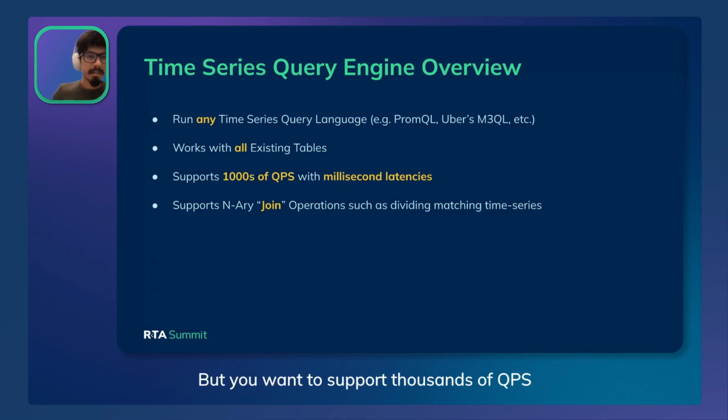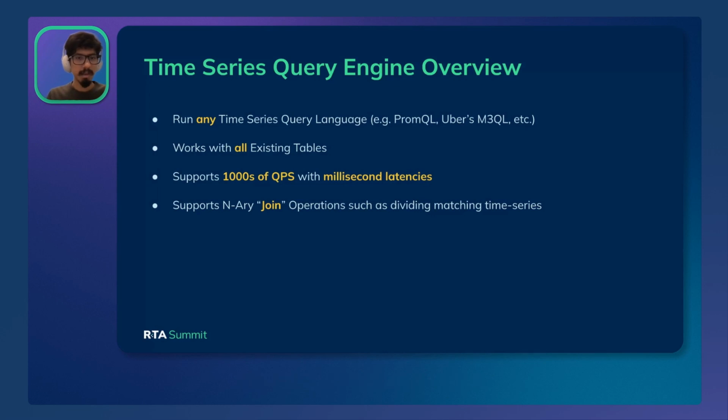But you want to support thousands of QPS with millisecond latencies, because in a bigger organization, you will likely have thousands or millions of alerts. So you want to be able to scale to a place where you can support them in a cost efficient manner. So we built the time series query engine with that in mind.